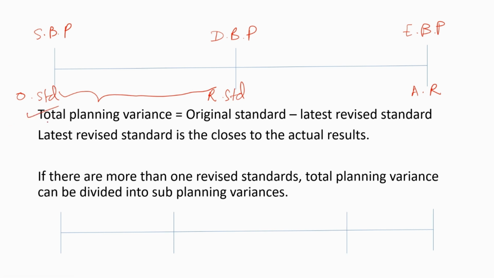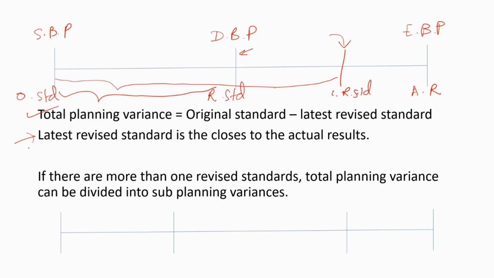Total planning variance is equal to original standard minus latest revised standard. In this case, this is the latest revised standard because there is only one revision. Let's say there is another revision here. So this will become the latest revision. Then the total planning variance will be the difference between the original standard and the latest revised standard.